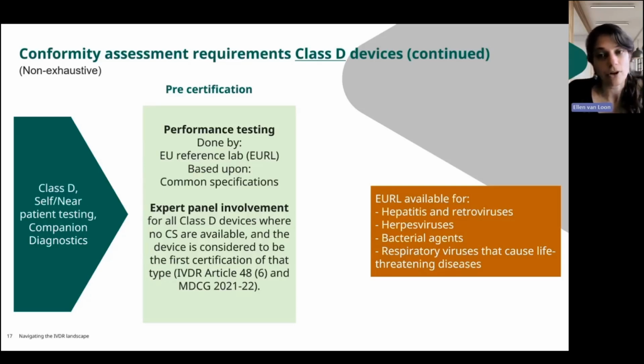However, this is not the case for all Class D devices, so this is still a work in progress. However, even though there's not yet an EU reference lab available, you can already certify these devices and start applying at the notified bodies.